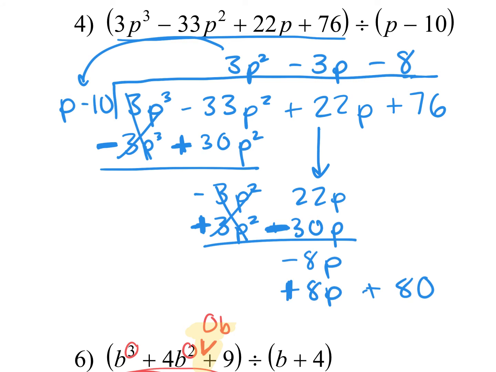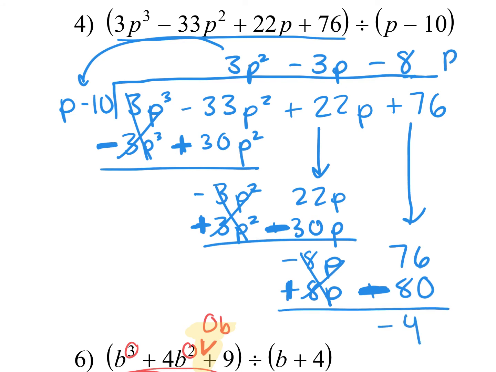Change a sign, and combine. So these cancel. What else do I have to do? Bring down the 76. So it's 76 minus 80. Negative 4. So the remainder is negative 4. So my answer is 3p squared minus 3p minus 8, remainder negative 4.